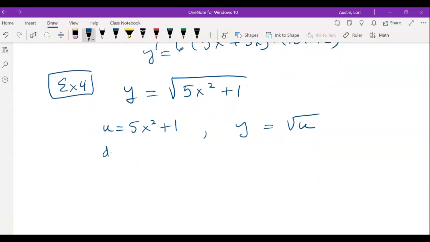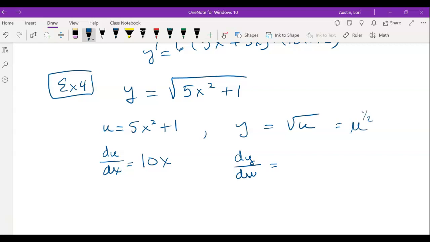So this is du with respect to x is 10x, right? And then I want y with respect to u. Well, let me change the algebra on that one. Instead of making it a radical, I'm going to make it u to what power, everybody?